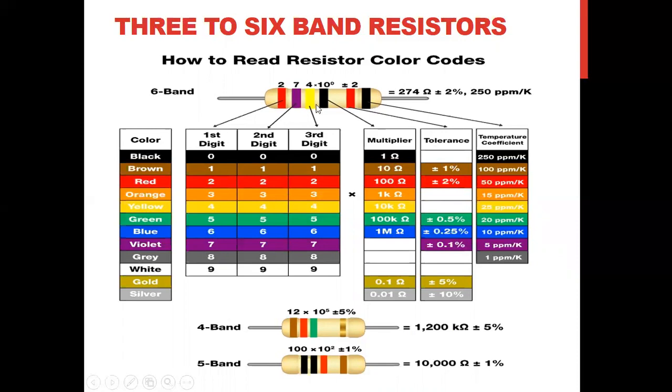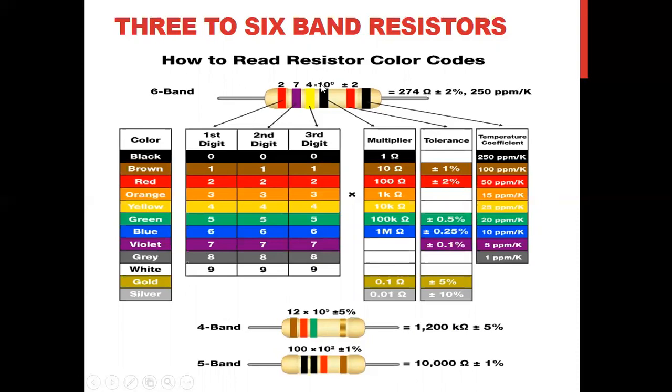This is a 6-band resistor. What we can see, first one is the first digit. Red is 2. Second one, violet, 7. Third one is yellow, 4, so 274. This one, the black, 10 to the power 0. Black value is 0.